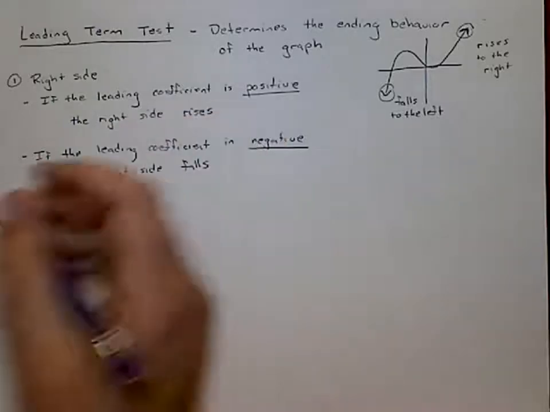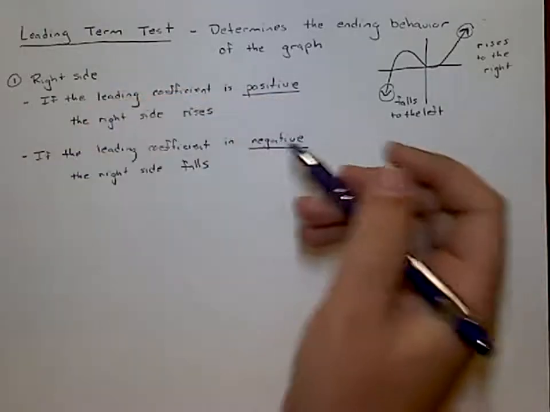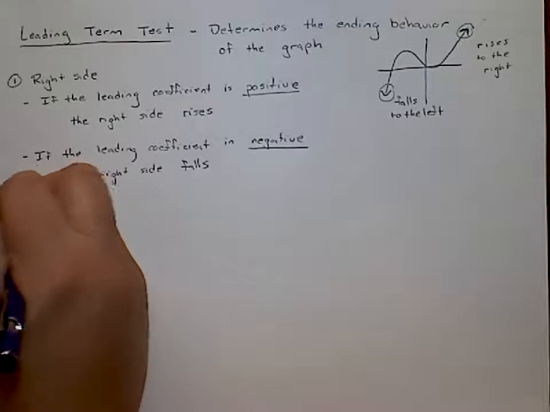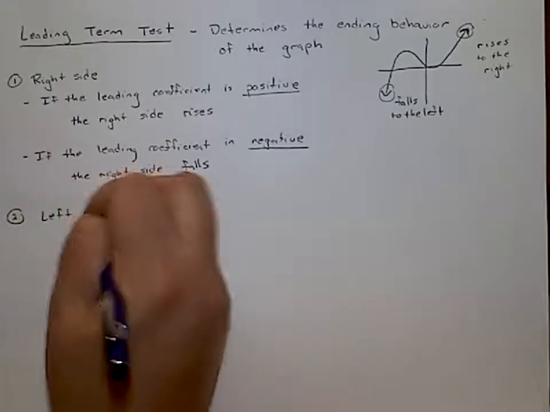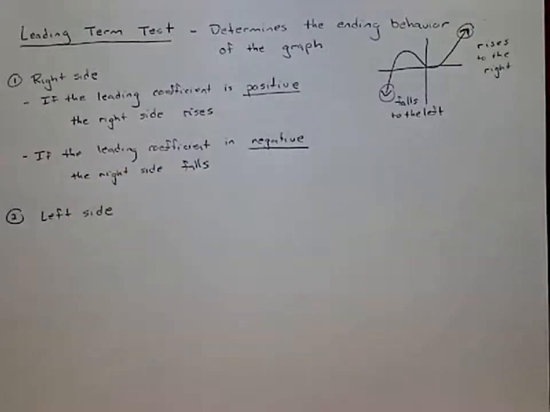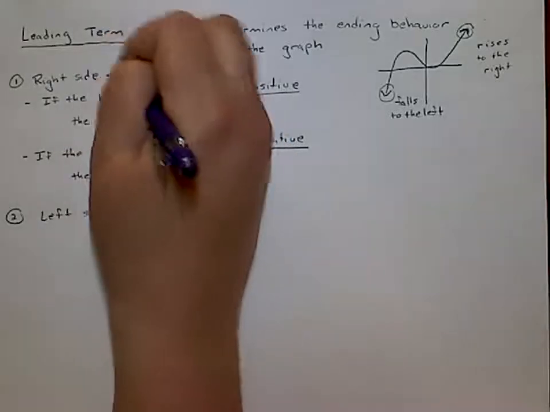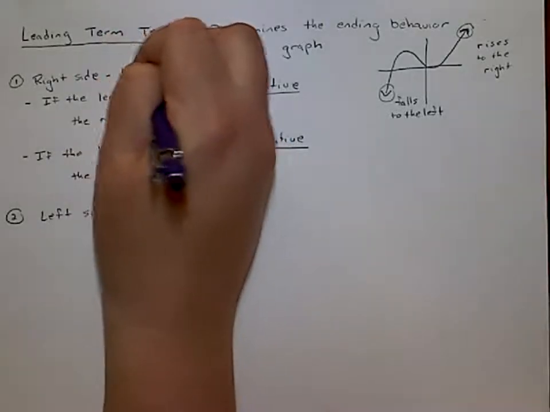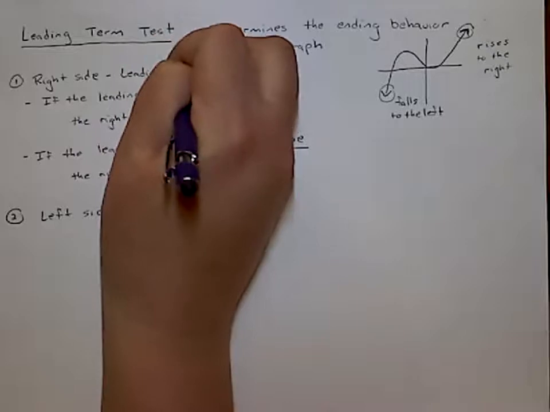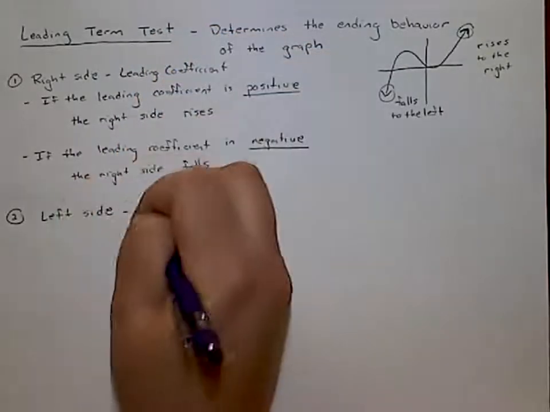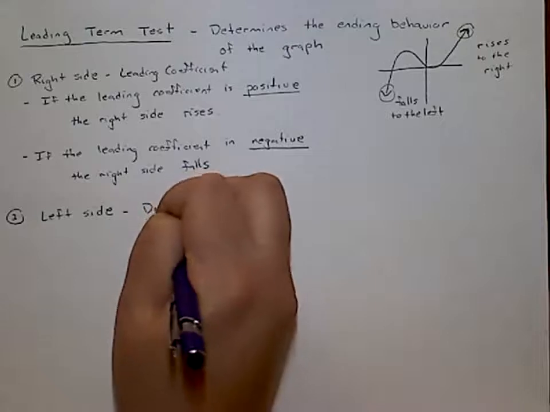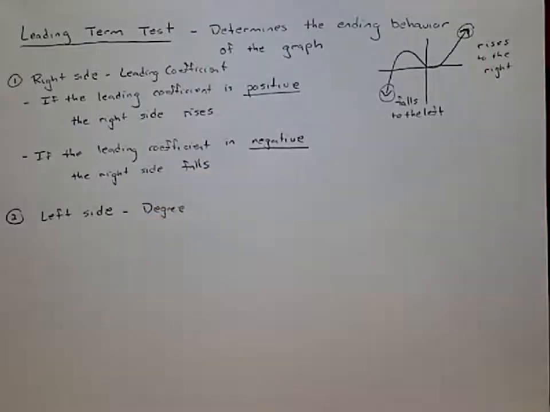So now the next thing, once we determine what the right side does, we have to then determine what the left side does. Now the left side is all dependent on the degree. So the right side is dependent on the leading coefficient. The left side is dependent on the degree of the polynomial. That's that highest exponent.